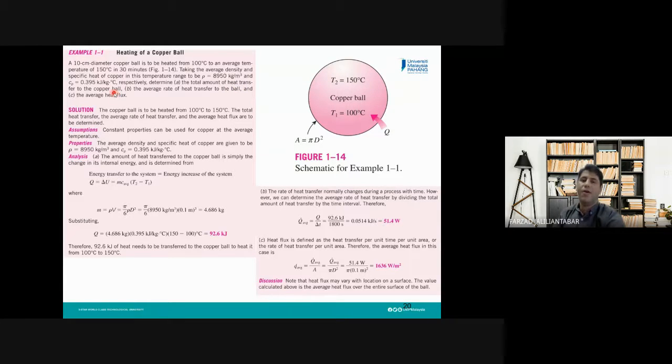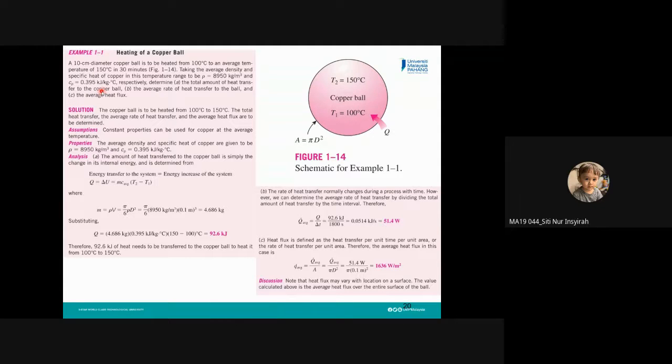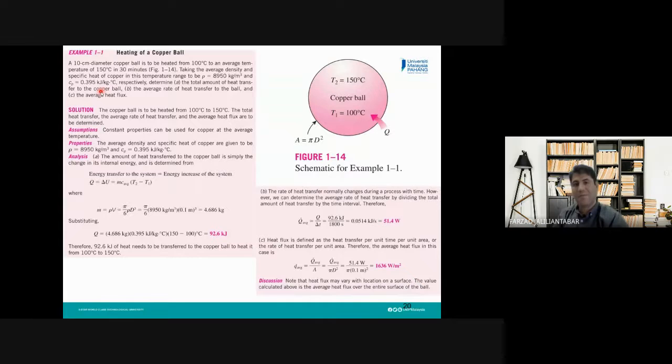How do we know the heat is transferred to the ball? Any idea? Why here do we know the heat is transferred to the ball? Any idea, class? Temperature difference. Yeah, we have temperature difference. And why is the direction from the surrounding to the ball?